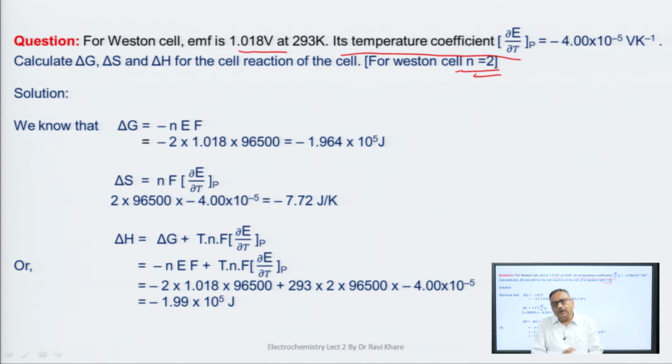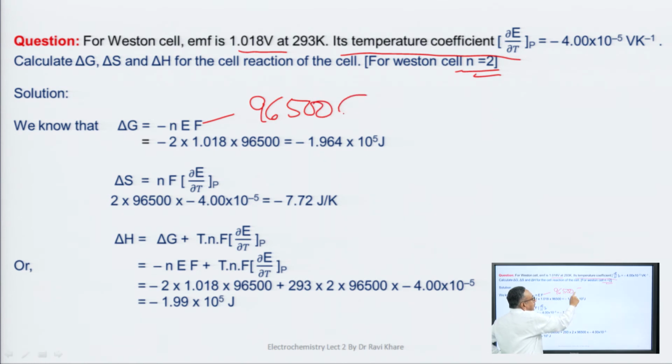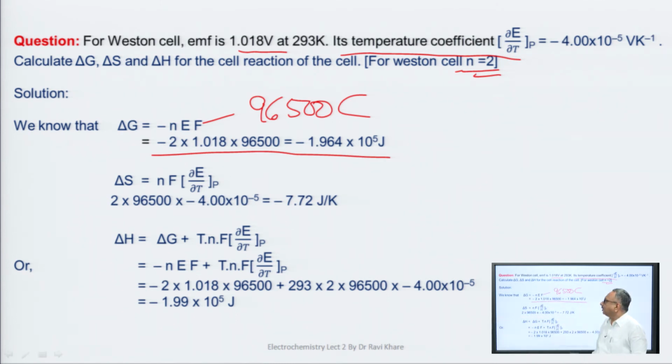Now, solution: we just studied that delta G is equal to minus nEF, where n is 2, E is 1.018 volt and F is 96500 coulombs. Put the values in this equation and you will get the answer. This is the first answer, delta G.